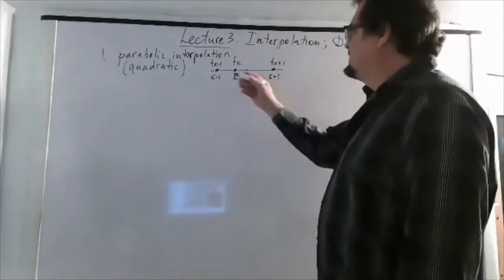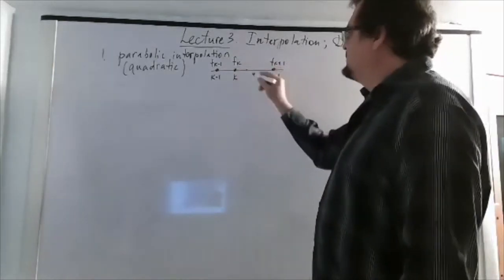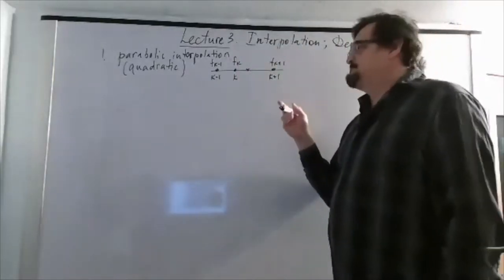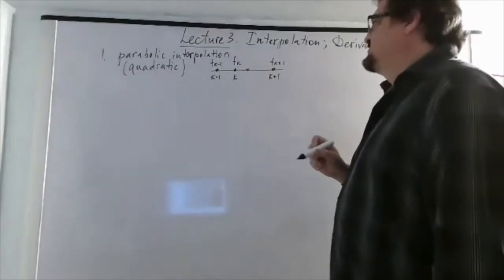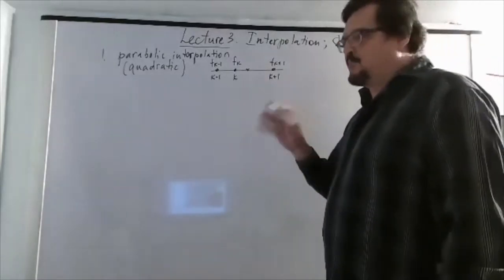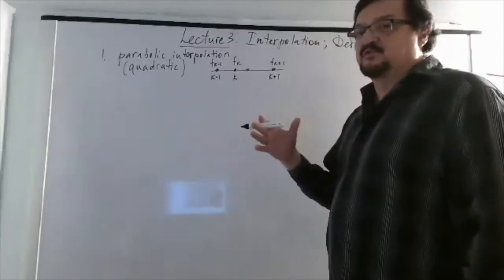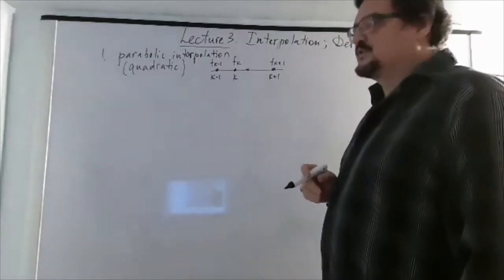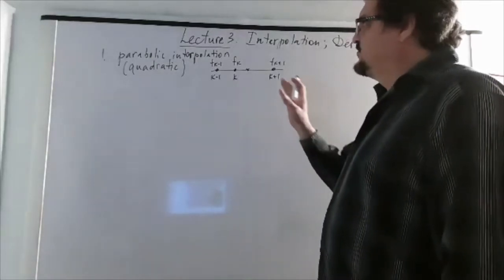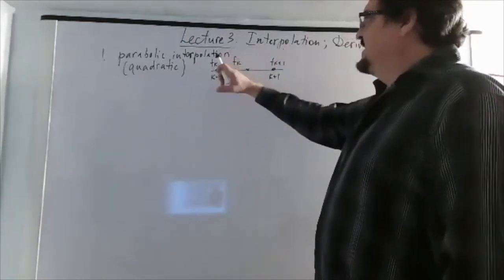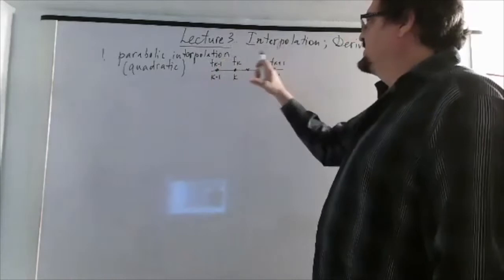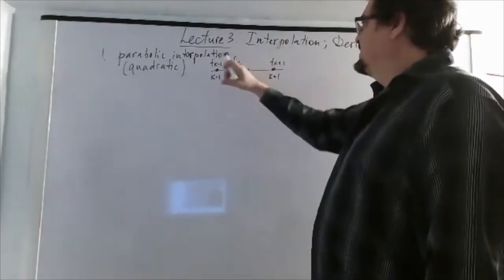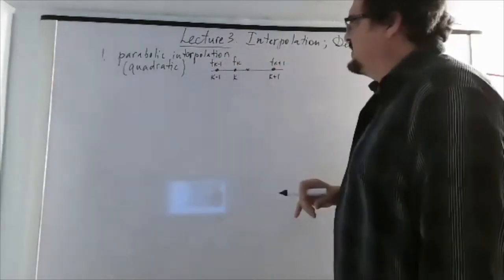You need to find some interpolation formula, a polynomial that goes through all 3 points. In that case, it's going to be a parabola. So you need to find coefficients for the parabola that goes through these points and takes exact values in those nodes or grid points, exact values of f k minus 1, f k, and f k plus 1.